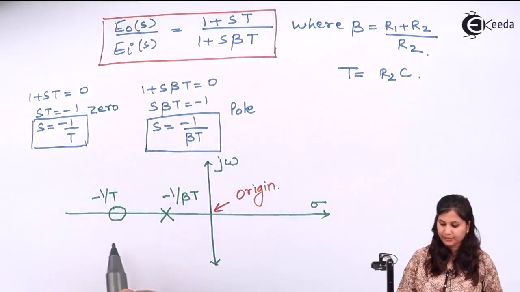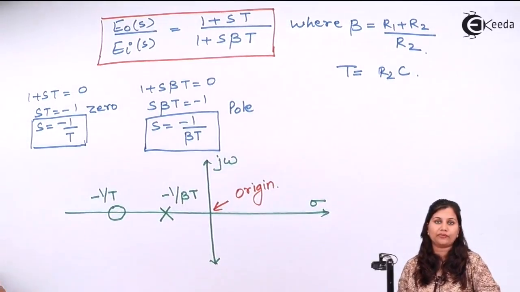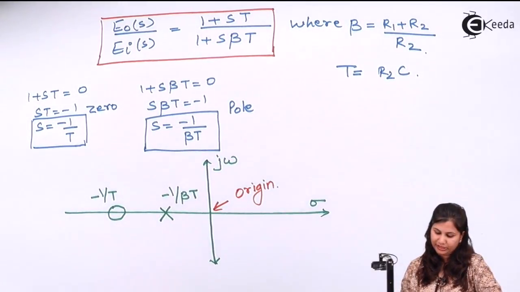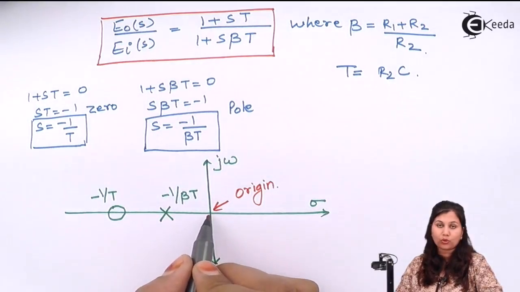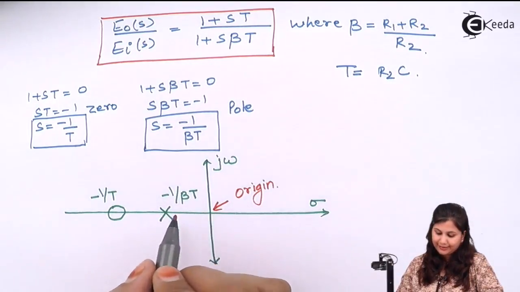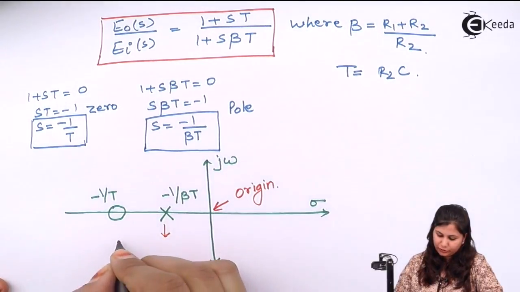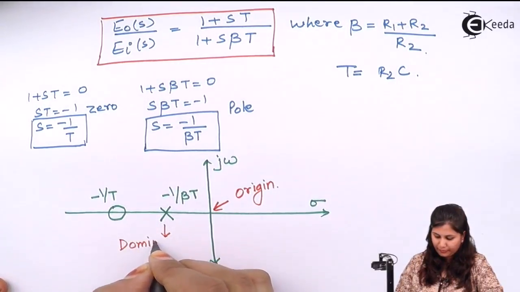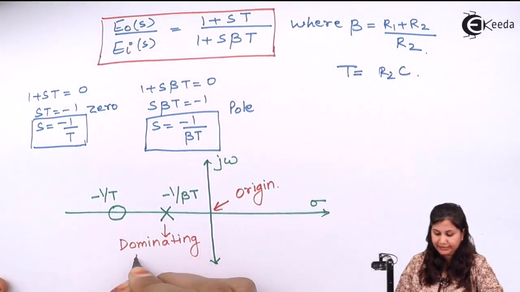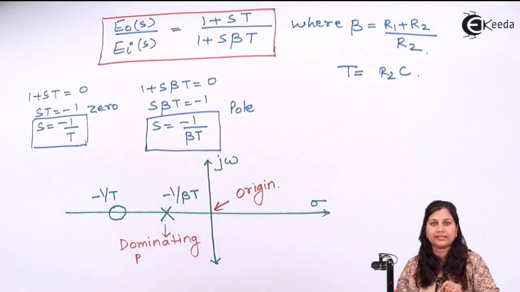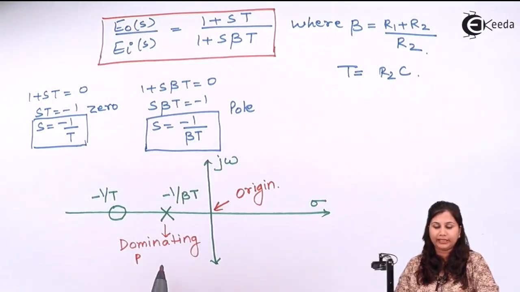If you see this pole-zero configuration of the phase lag network, you will see that this pole is close to the origin as compared to the zero. So here this pole will be the dominating pole. In the phase lead network, we had a dominating zero. Here we have a dominating pole.